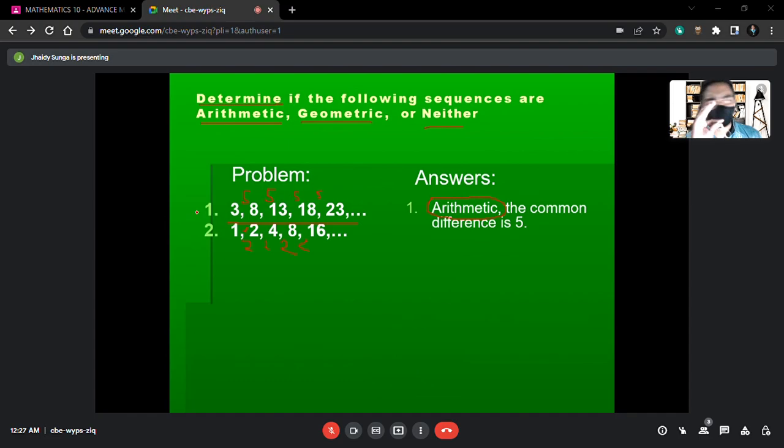If each consecutive term was multiplied by 2, then in problem number 1 we said the common difference would be 5. Then how about the number 2? Could you say that the common difference is 2? Is that the right answer? No, of course. The common difference formula for this kind of sequence would be a sub 2 minus a sub 1, right?